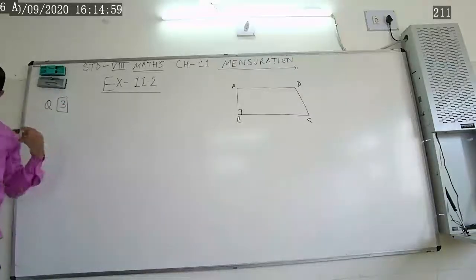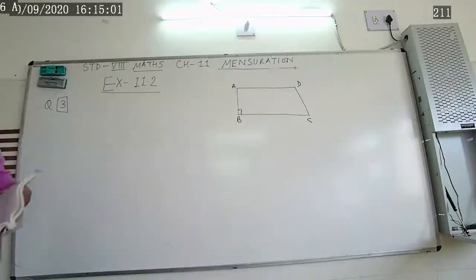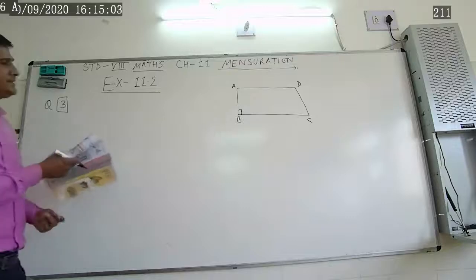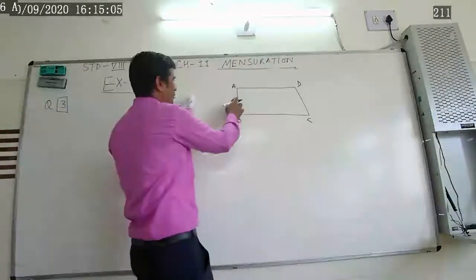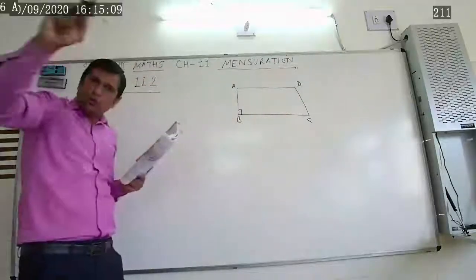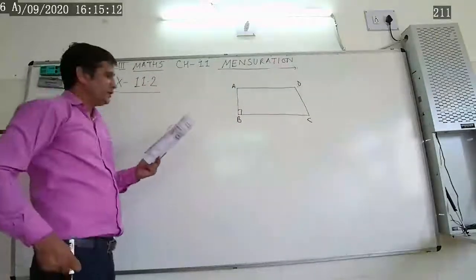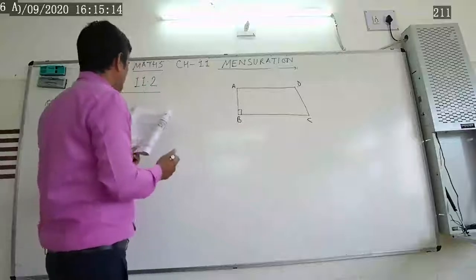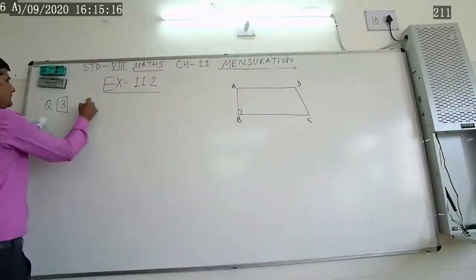A B C D. Now the fence is required. One person is using the fence from A to B, B to C, C to D and D to A. He wants to cover the whole field through all the sides. What is given here?